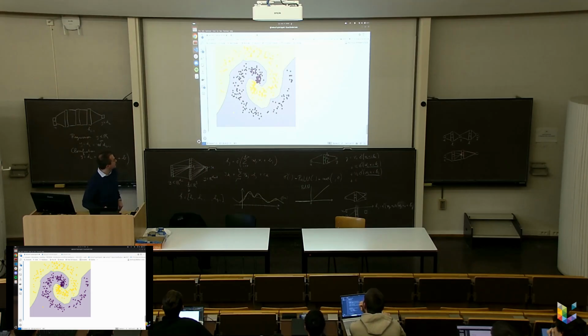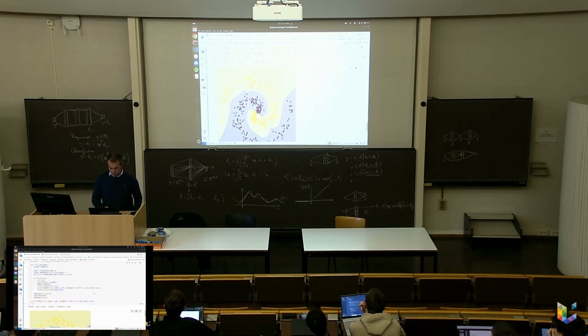It works as well as before, except that now the curve is maybe not as smooth as before. We have these kinds of artifacts, which we may wonder if they are really meaningful, but this is what has been discovered by training.